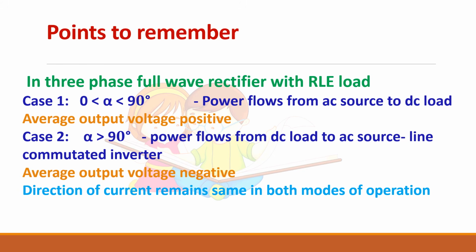But you have to remember that the direction of the current remains the same in both cases. Because thyristor is a unidirectional device, current can flow only in one direction. So the output current waveform will always be positive, but voltage can change its direction.